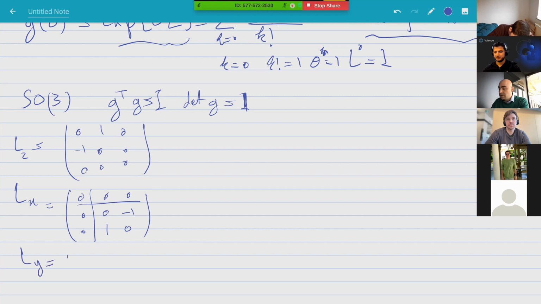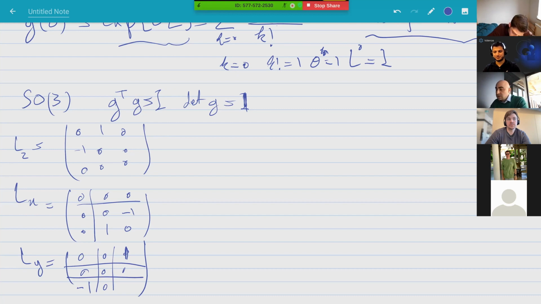And for y, you can have a similar situation, except that the middle block has to be zeros. So, sorry, these have to be zeros, and then this is 1 and minus 1. I think these are the correct generators for the 3D rotation.